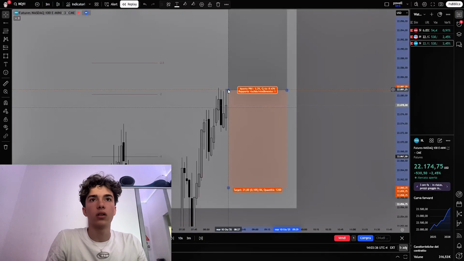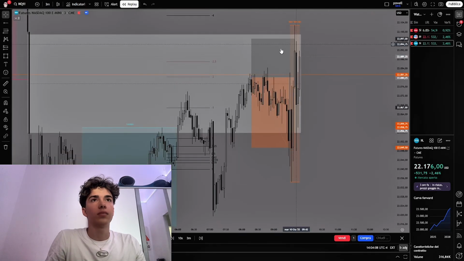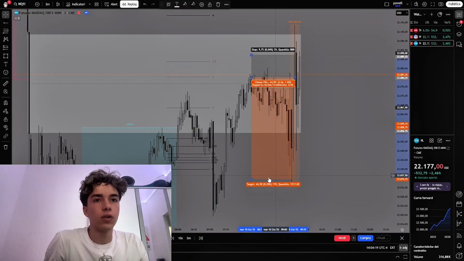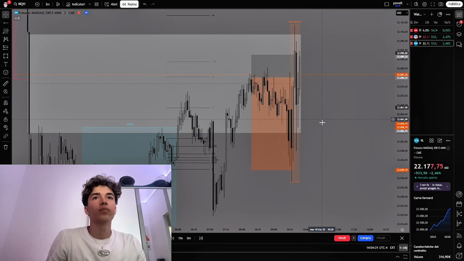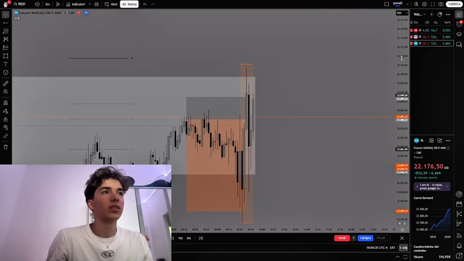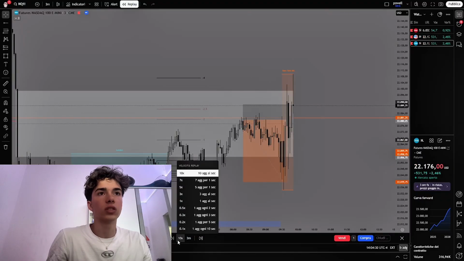I don't remember how this played out. 7 point above the 7.5, sorry, 10 point. This was a nice trade, 40 point got it, but not on -2.5. So as I told you, you must use it with context and everything, as always.